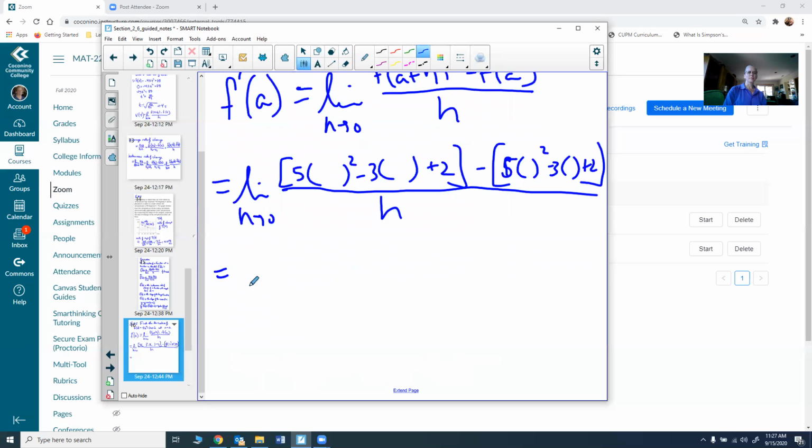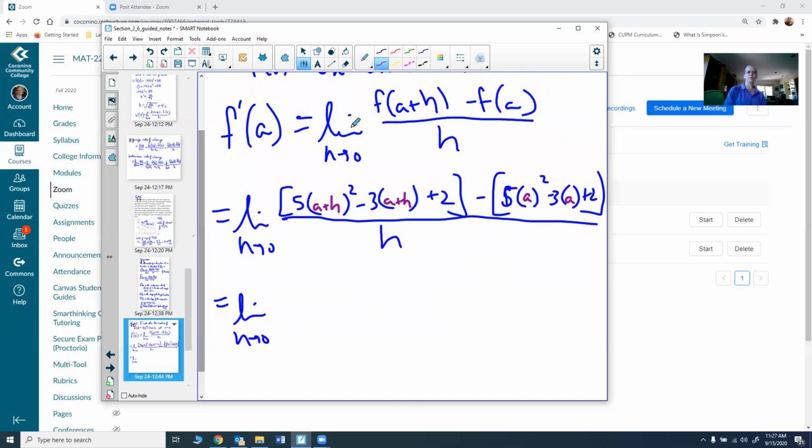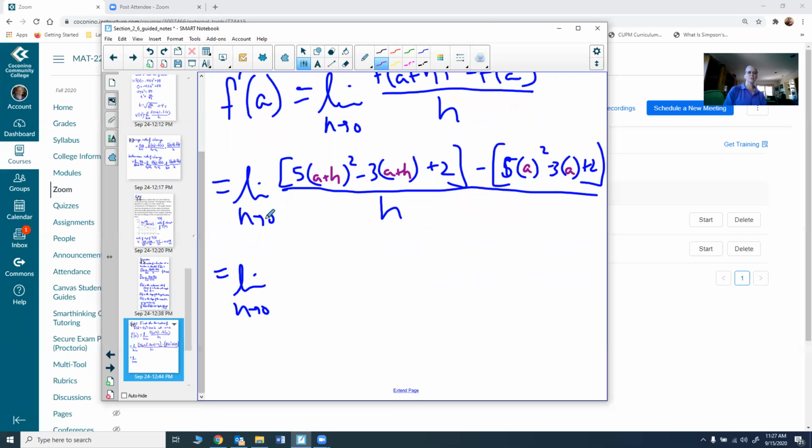And my something in the first case is a plus h, so I'm going to put an a plus h here and here. My something in the second one is just a, so I'm going to put an a there and there. If you forget what those are, just look at these parentheses here. Whatever's in this parenthesis goes in these. Whatever's in this parenthesis goes in here. That's your functional notation.